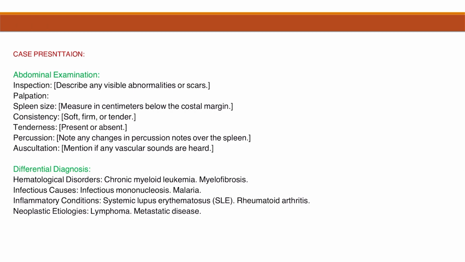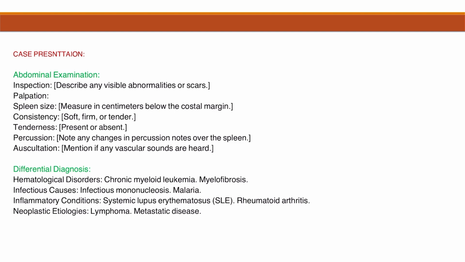Palpation: if you find the spleen, you say the patient has splenomegaly. Give the spleen size, measured in centimeters below the costal margin, and talk a bit about the consistency and any tenderness. Percussion note will obviously be dull, and on auscultation, say if any vascular sounds or splenic bruit are heard.